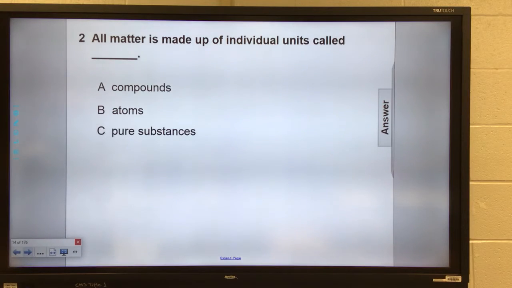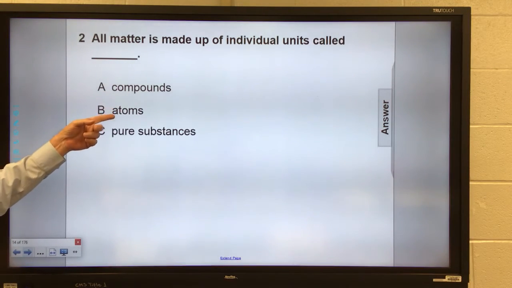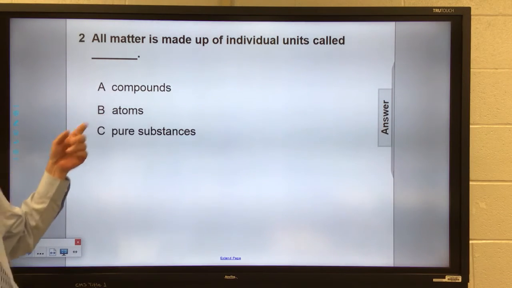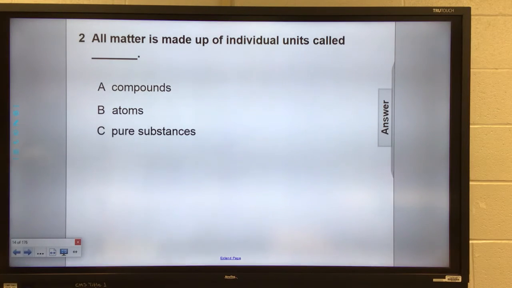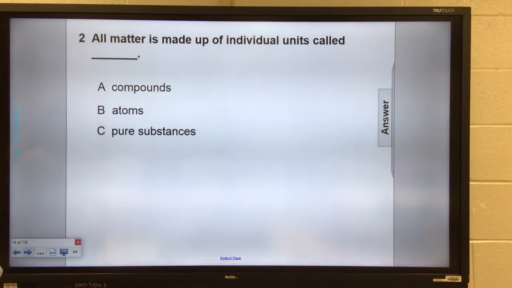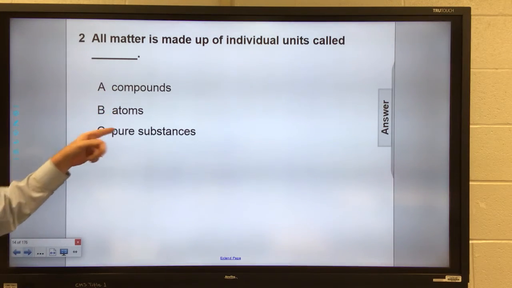All matter is made up of individual units called compounds, atoms, or pure substances. Adams. Okay, you say atoms, what do you say there, Lexi? Compounds, atoms, or pure substances that everything's made up of. All matter is made up of individual units called what? Compounds, atoms, or pure substances.